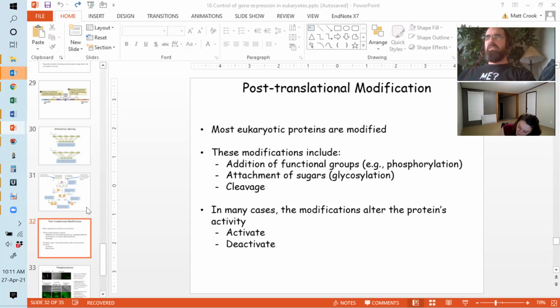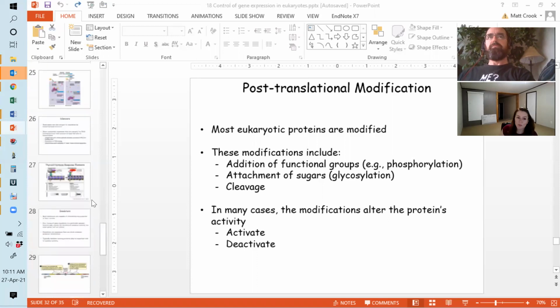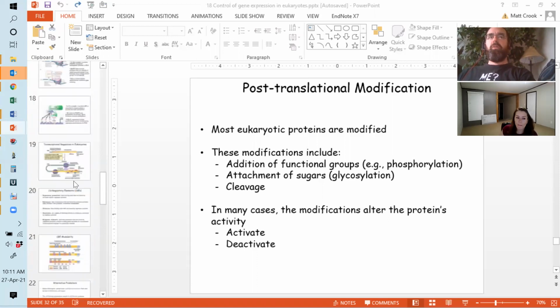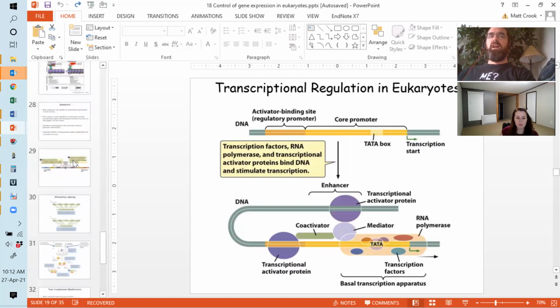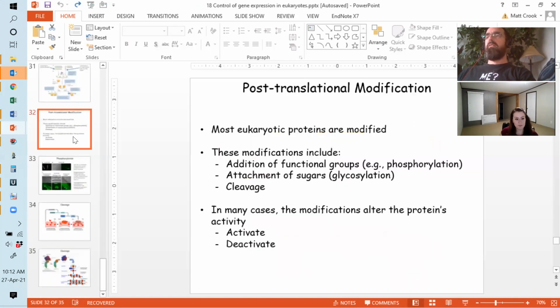right? Typically, people are very interested in the control of transcription, i.e., what goes on up here, right? But there's a whole other world of control and intricacy and complexity, which happens all the way once you actually have a protein produced, right?